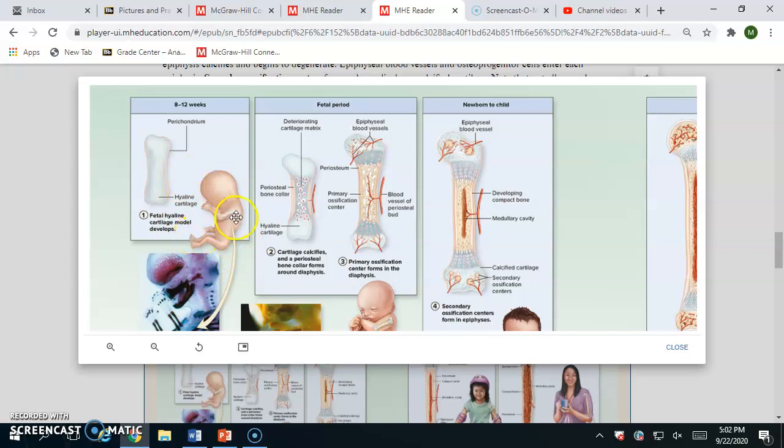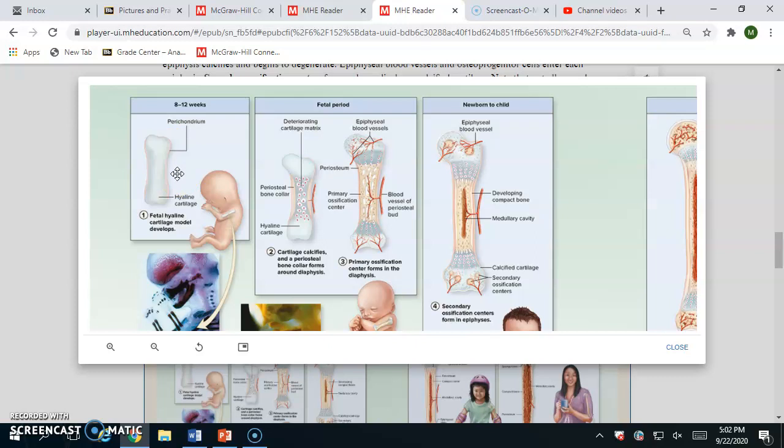So most of our skeletal system starts out made of this hyaline cartilage. And realize there's a little protective layer around that hyaline cartilage. They call it the perichondrium. But realize that layer has some cells in it that are stem cells.